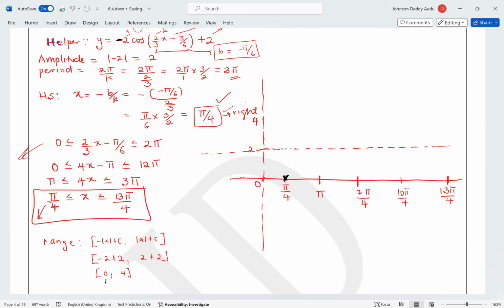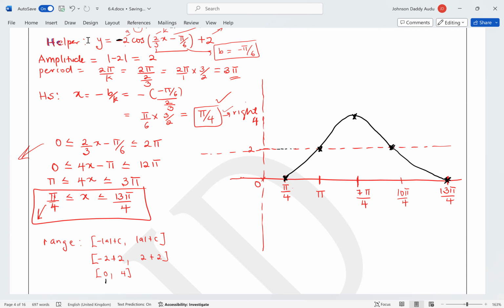But now since we have started from the minimum, we'll have to get to the baseline first, which will be here. Then we will go to the maximum, which is here. Then we'll go back to the baseline here. Then we will go back to the minimum at this point. So this is just going to be something like this. Right?